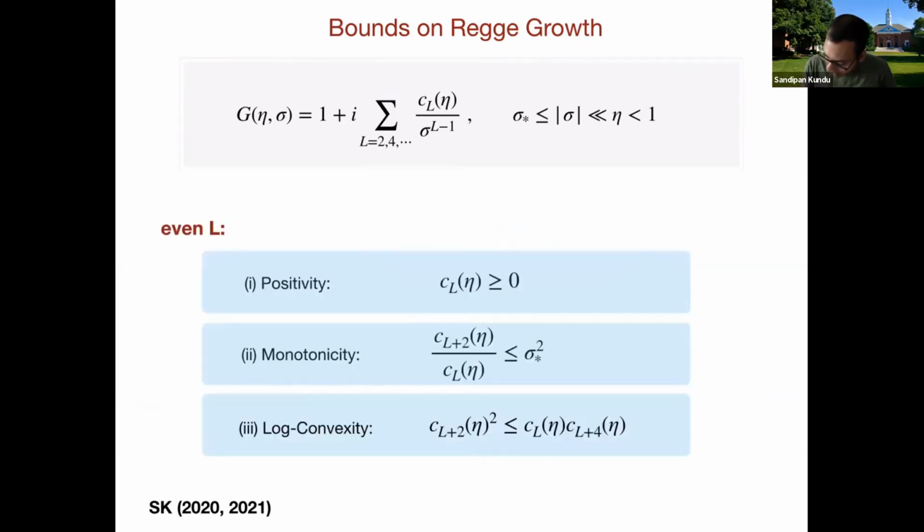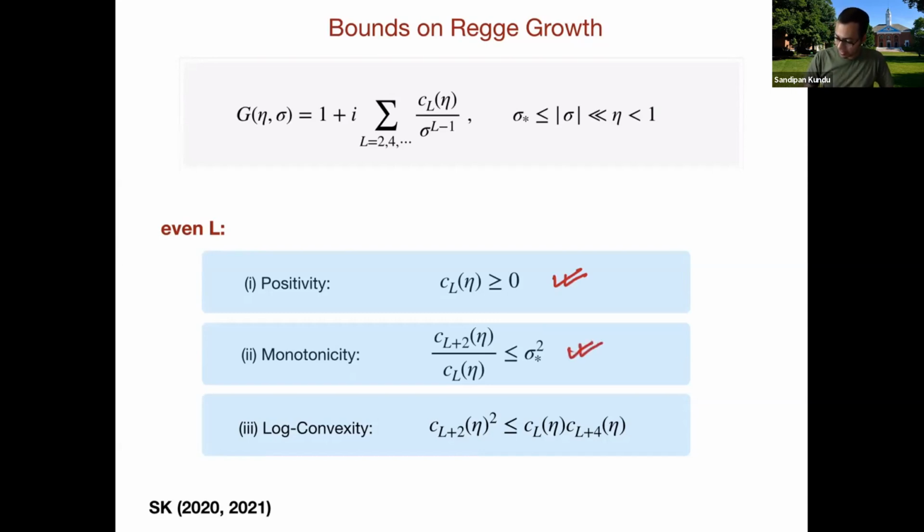So we can derive this positivity condition that all the CL coefficients have to be positive. Then there's a condition that there is a parametric suppression for higher and higher L. Basically CL plus 2 is suppressed by CL times this small quantity sigma star squared, where sigma star was the Regge cutoff that I showed in the last slide.